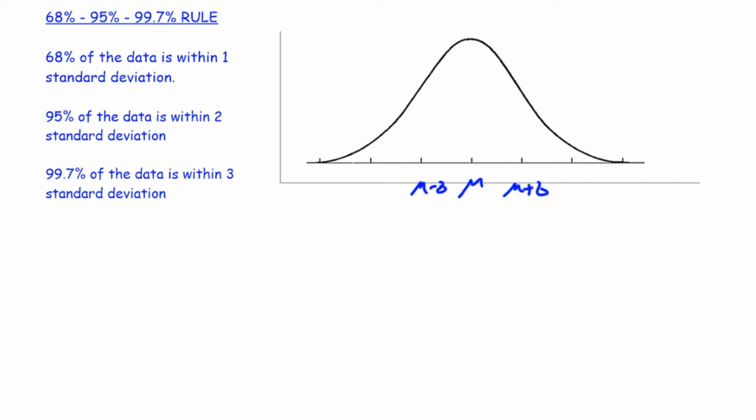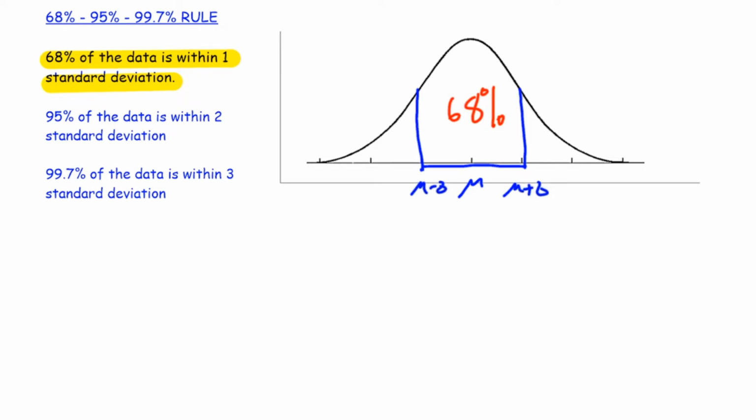So in this range here, there's a specific amount of data, and that is 68%. 68% of the data for any normal distribution exists within 1 standard deviation of the mean.